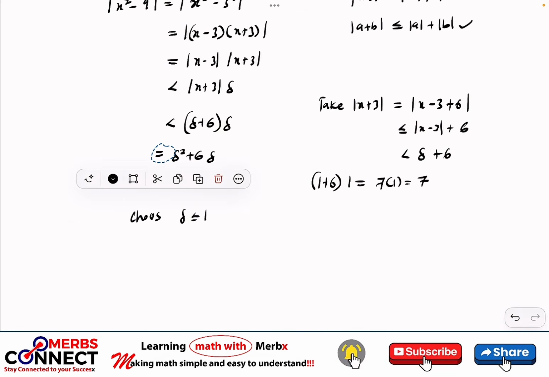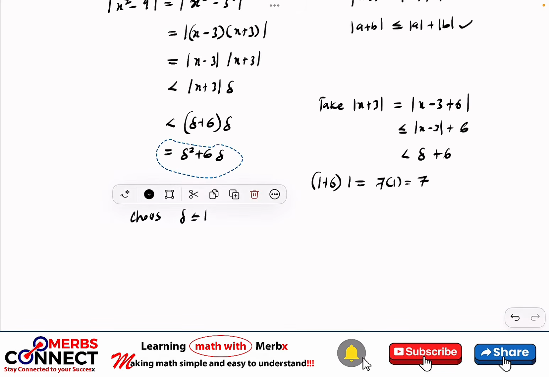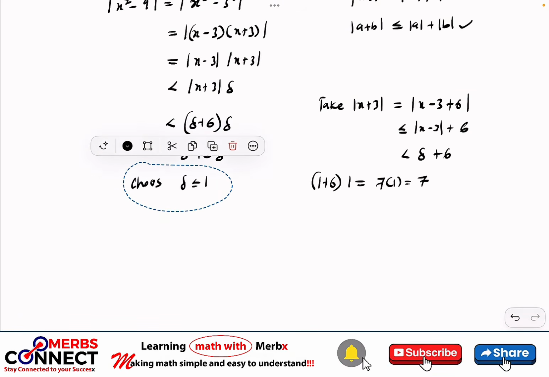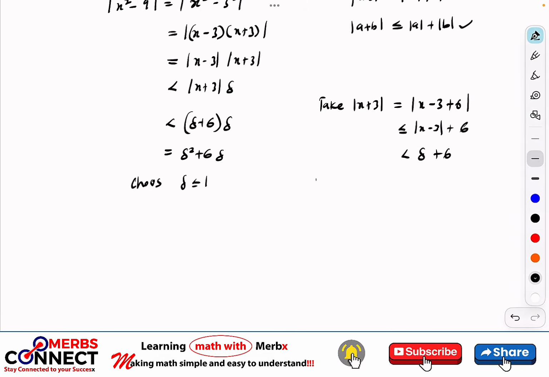So I expand. Here you need to pay attention to the equalities, right? This one I'm using an equal sign because I'm expanding, and this is the same as what is here. So multiply this one by this, this one by this, and this one by this, and have something like this. Now I'm choosing delta to be less than or equal to 1. So here I'm going to have 1 squared plus 6 times 1, which is 1 plus 6, and this is 7.